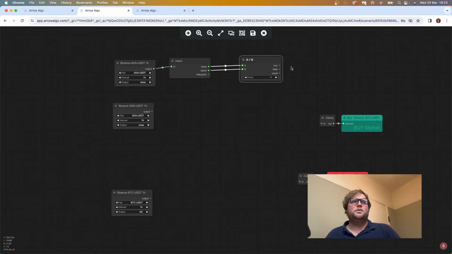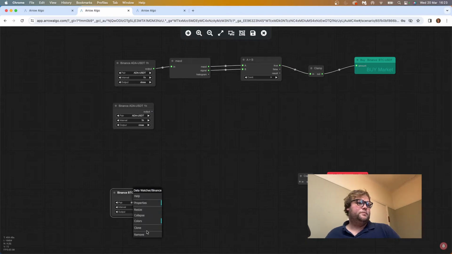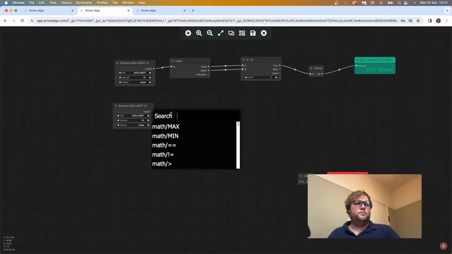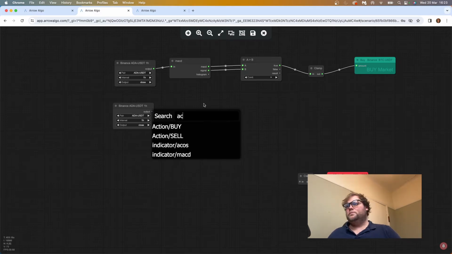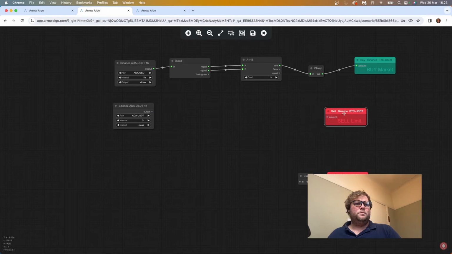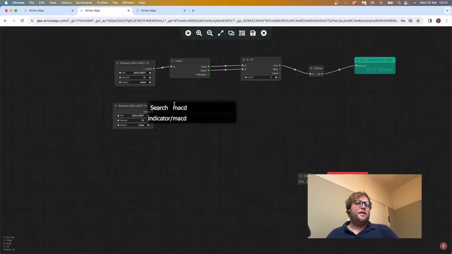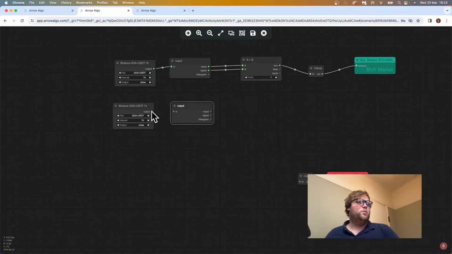So when the MACD is more than the signal line, if I was just going to run on MACD alone, again, there's over 100 indicators to choose from, all programmed in here.